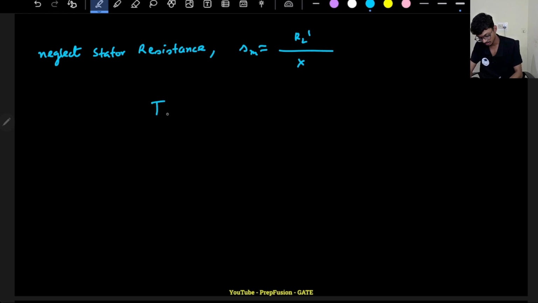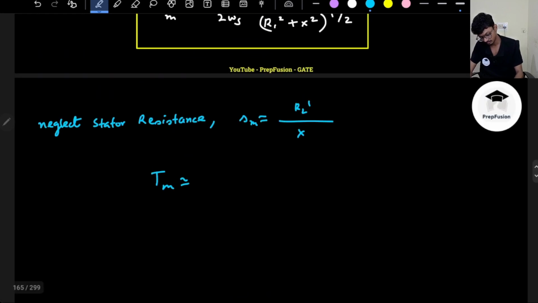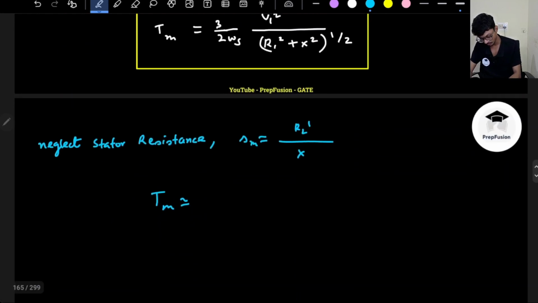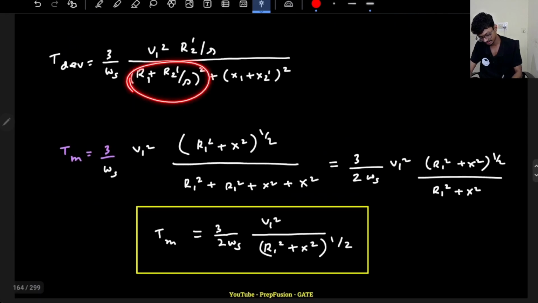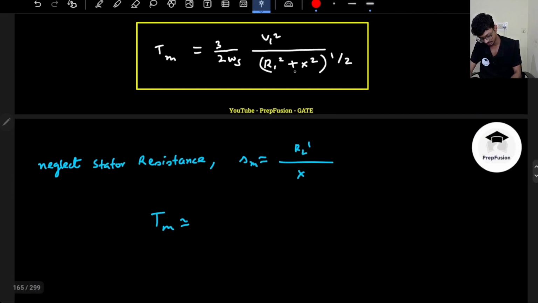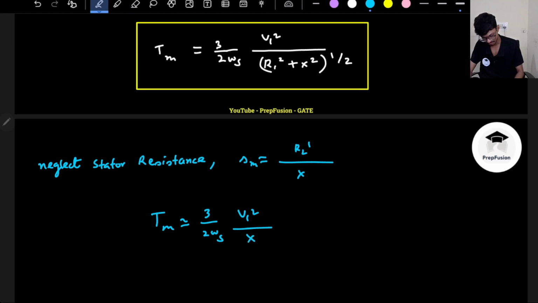So approximately my maximum torque then will come out to be basically, r2 dash by sm will come out to be x. So if I neglect this, this will be 2x basically. So basically r1 will be neglected. So basically torque will be 3 by 2 omega s into v1 square divided by x. Okay, this will be basically the torque.